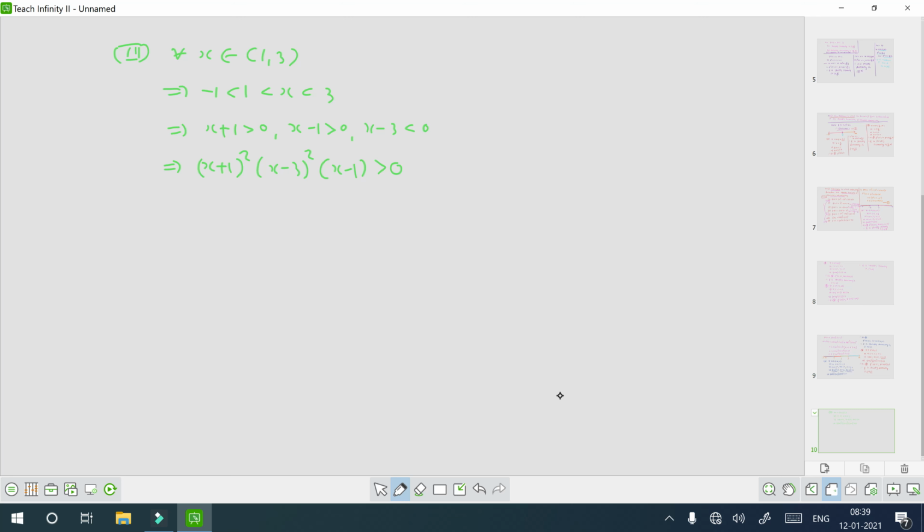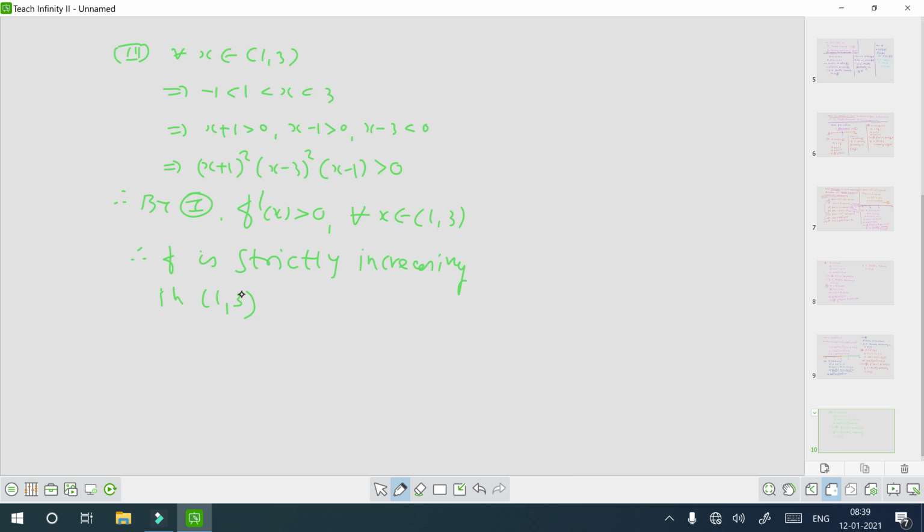And so the product of positive quantities is positive. And therefore by 1, f dash x is greater than 0 for all x belongs to the open interval 1 to 3. And therefore f is strictly increasing in the open interval 1 to 3.